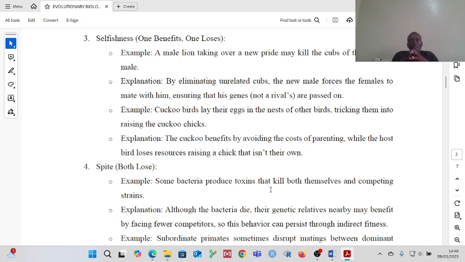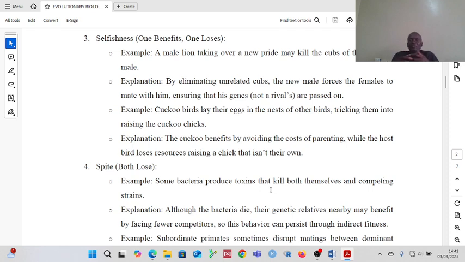So this is a male lion which comes to a female lion which has several cubs. So as to enhance the chances that the female will mate with him, the lion kills the cubs of the previous male lion. They are unrelated to this male lion, so it is eliminating them.